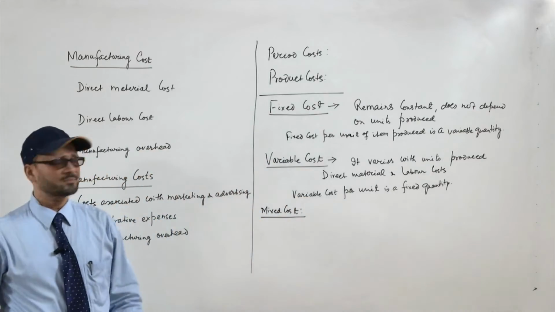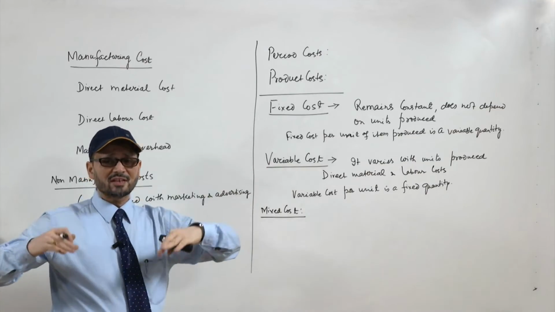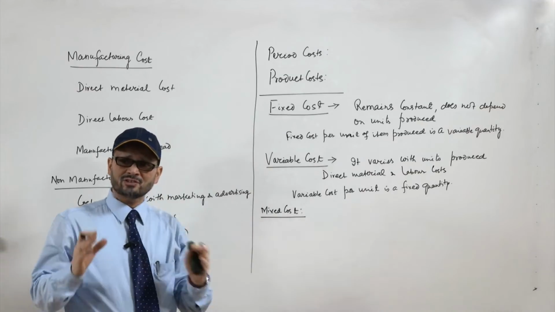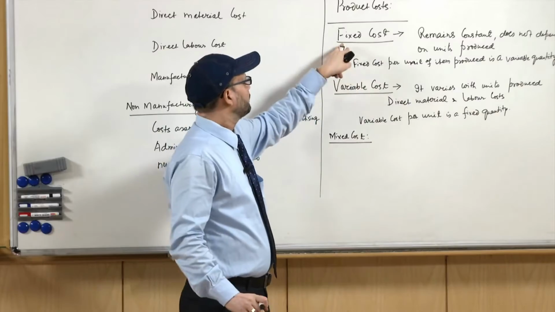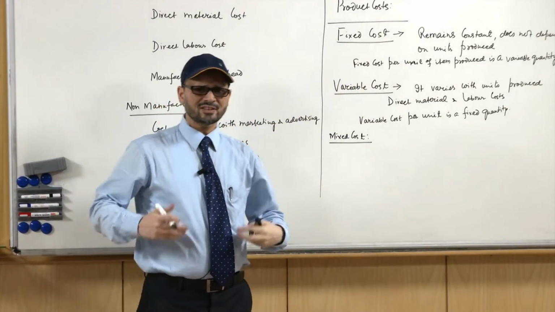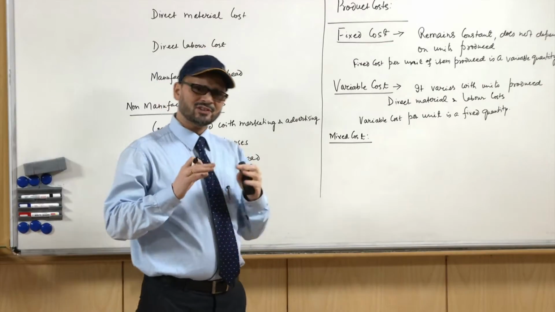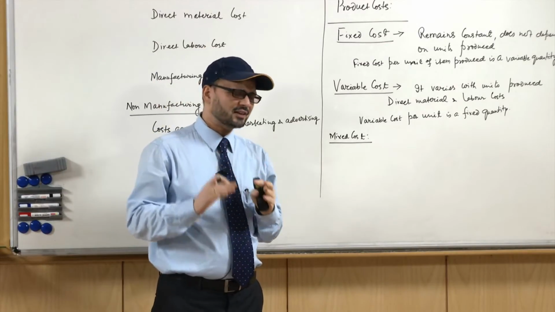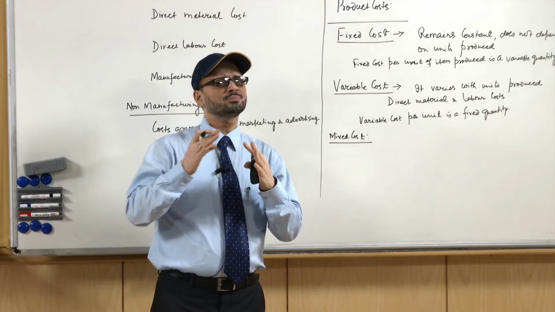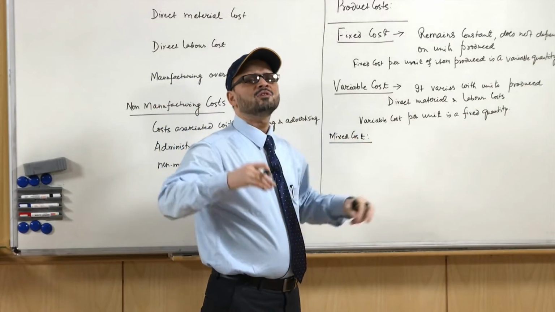Mixed cost is another variety of cost classified by cost behavior. Mixed cost means it has both a fixed component as well as a variable component. Now, let us see the depreciation of any machine. The machine will depreciate at its own rate, but if the machine is used beyond its capacity, then certainly its depreciation will be more.